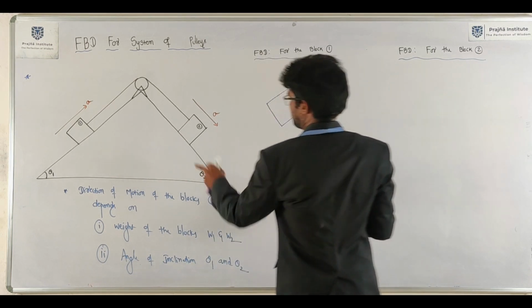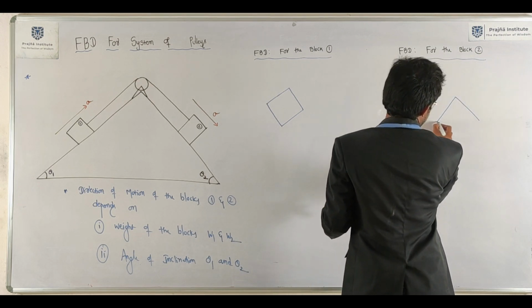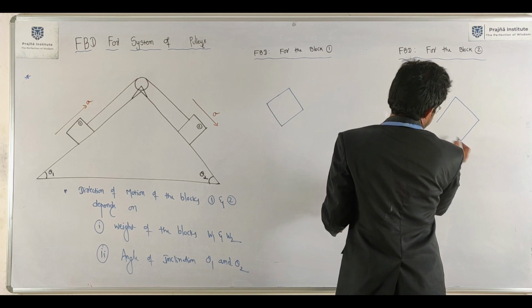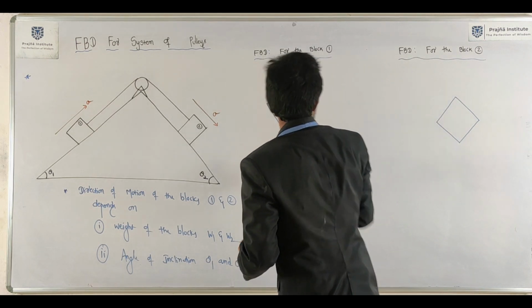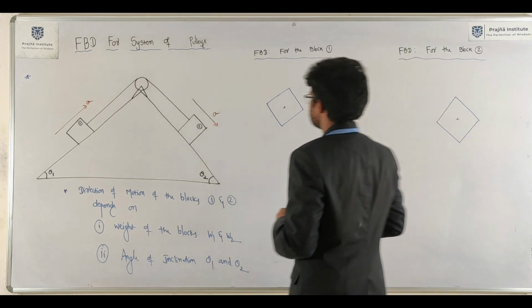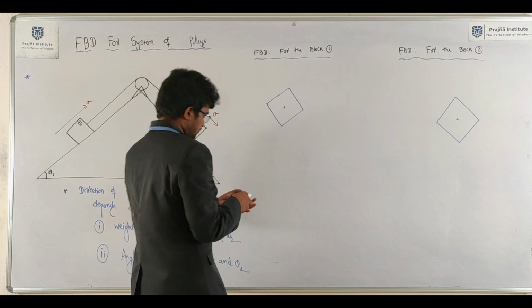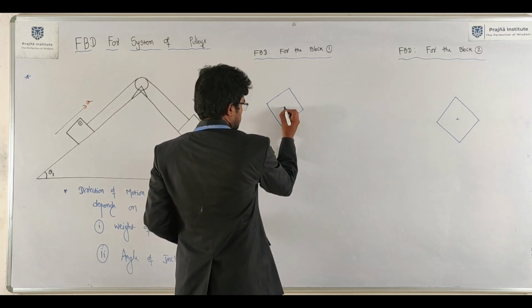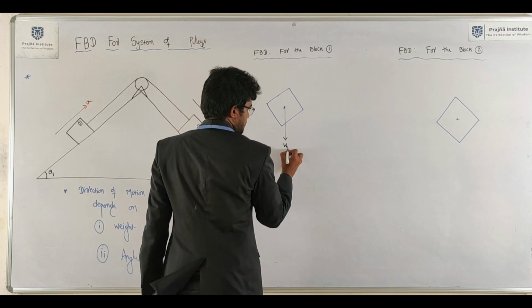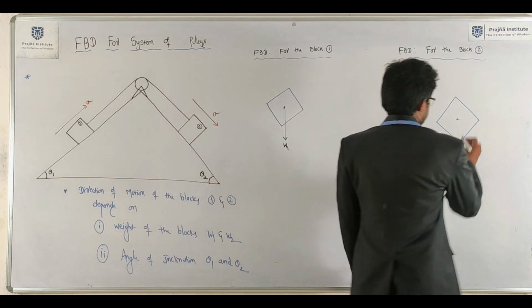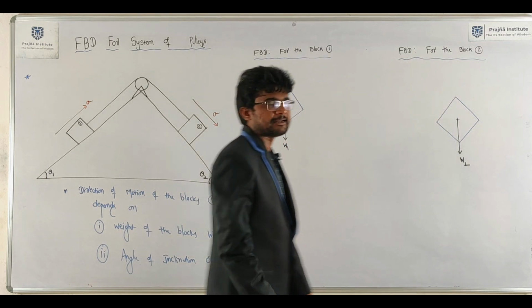And this. What is the first statement? Weight always acts in the vertically downward direction. W1. Your weight always acts vertically downward.